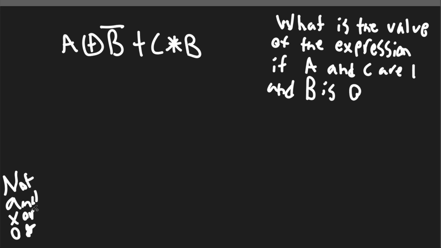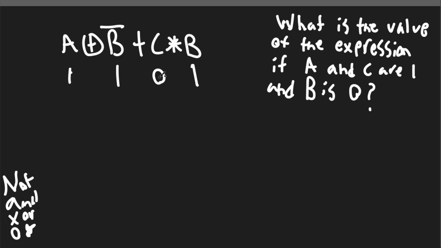Now, we have the question, what is the value of the expression if A and C are 1 and B is 0? First thing that I like to do is plug into this expression first. So A is 1, B is 0, and then we have B plugged in twice, so we'll write a 0 there, and C is 1.